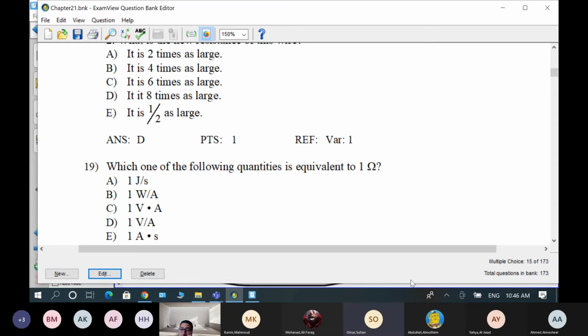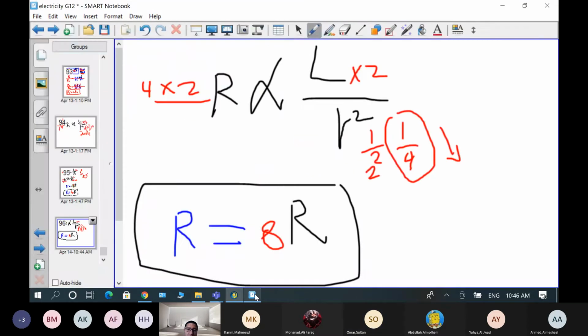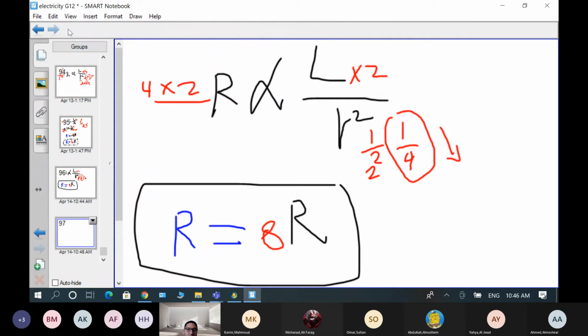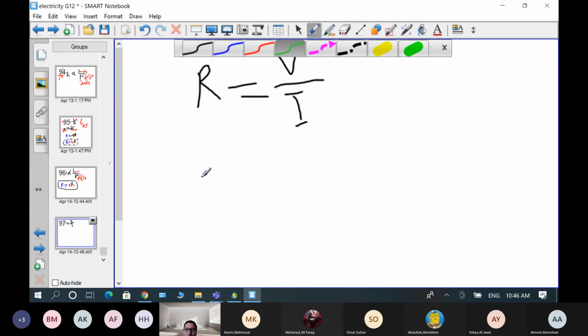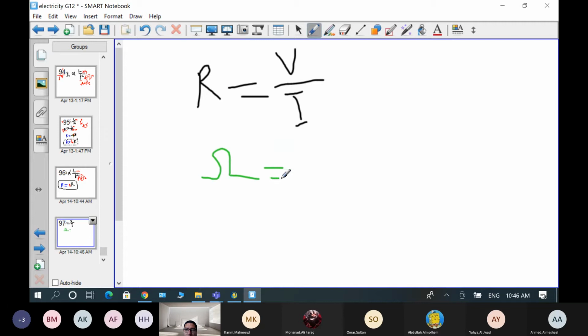Which of the following quantities is equivalent to 1 ohm? Yes, 1 ohm. D. Yes, 1 volt divided by 1 ampere. That's true. Because he asked about the ohm, which is the measuring unit of resistance, and resistance equals, according to Ohm's law, voltage divided by current I. So 1 ohm equals 1 volt divided by 1 ampere.